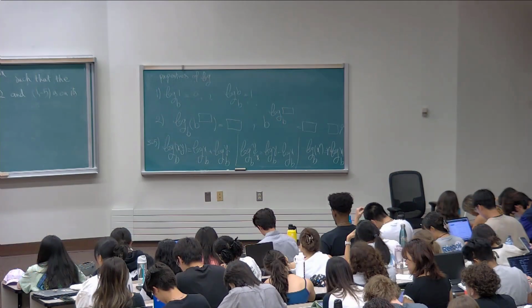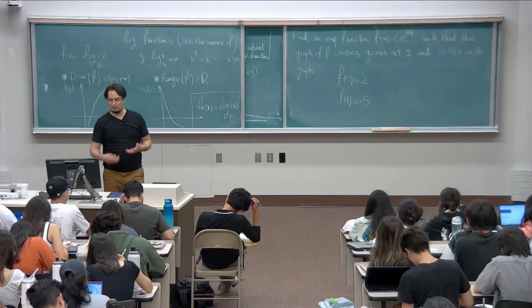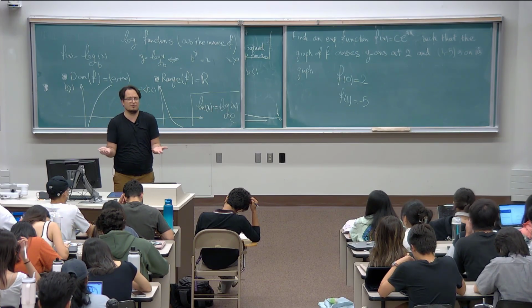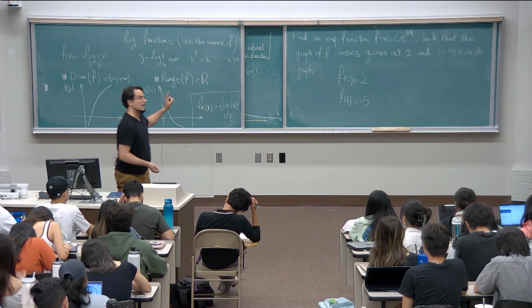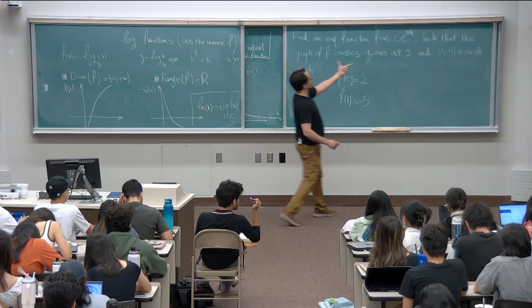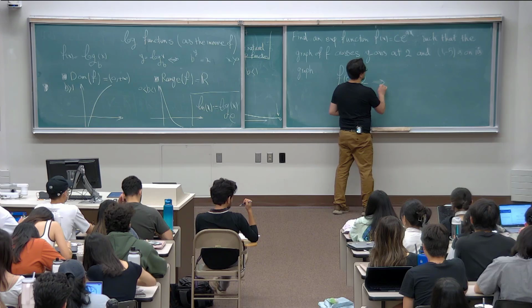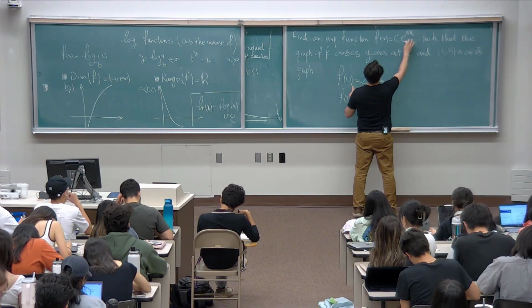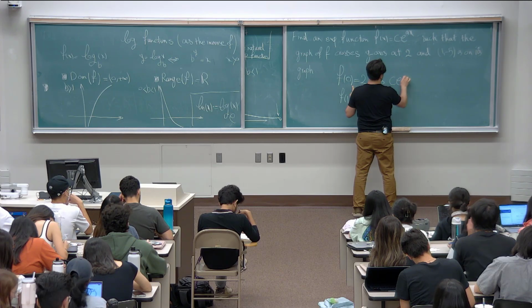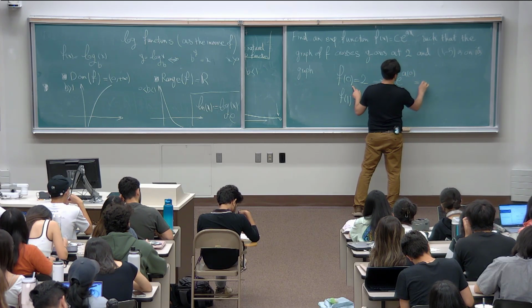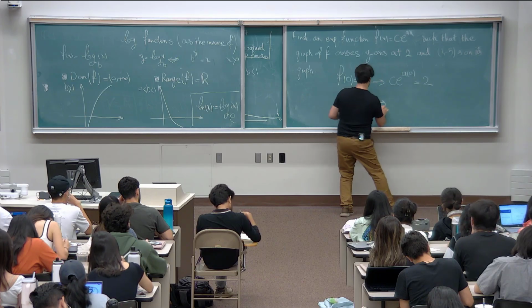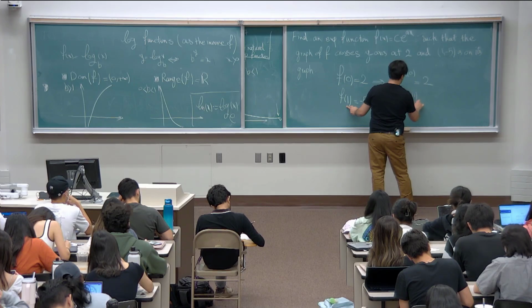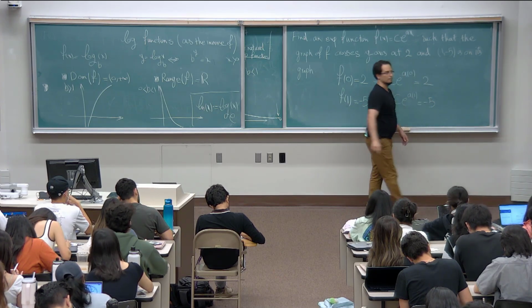So I translated that information in terms of the function. In this case, it doesn't matter what the function is; that's always the case. Now I bring in the form of this function, so I can plug in 0 here. So c e to the power a times 0 is equal to 2. And I plug in 1 here: c e to the power a times 1 is negative 5.